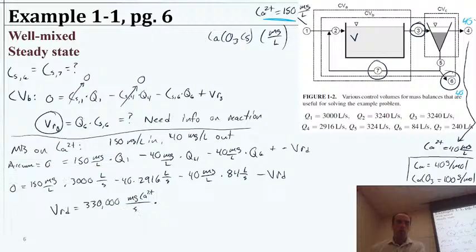Okay, so continuing the solution then, we have, again, steady state. 0, our accumulation rate, equals 150 milligrams per liter coming in times that flow rate coming in, minus 40 milligrams per liter with the flow rate at 4, minus 40 milligrams per liter at the flow rate at number 6. And all of that minus the decay rate of calcium ions, right?